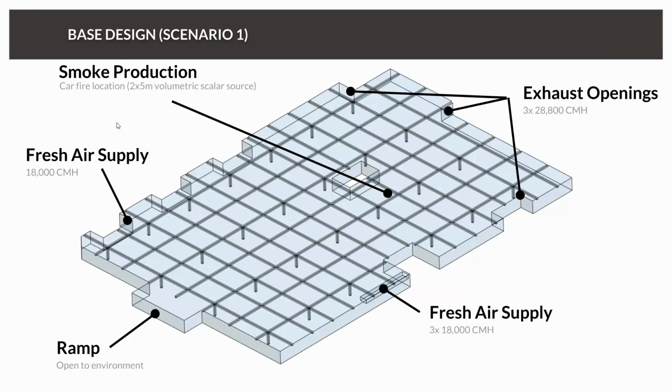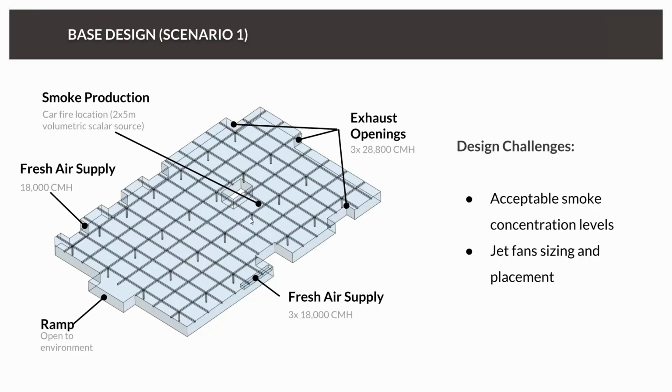And for simulating the fire, we will put here a smoke production location. So we will use a 2 meter multiplied with 5 meter volumetric scalar source, where we will release momentum, which represents the temperature or the energy which is released by the fire, and also the pollutants with the passive scalar.